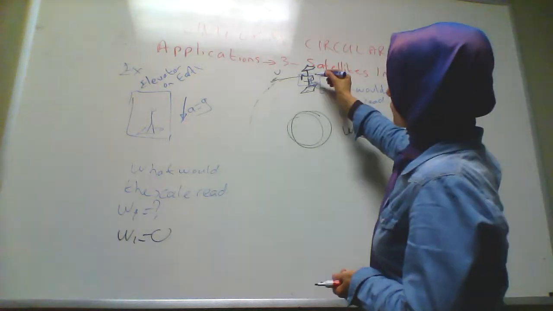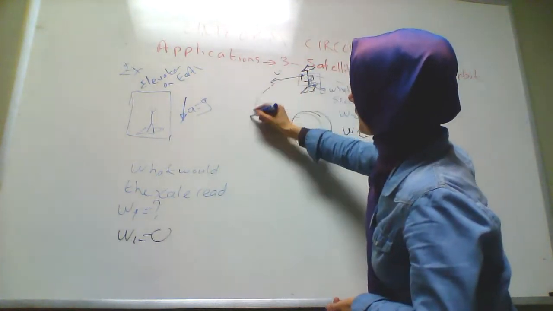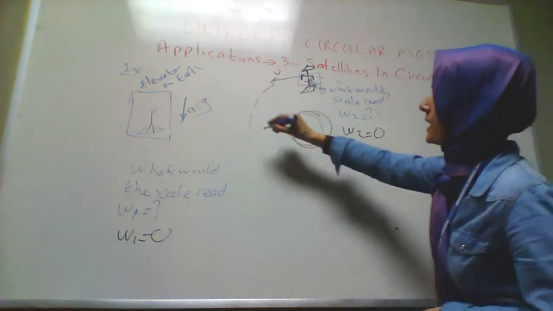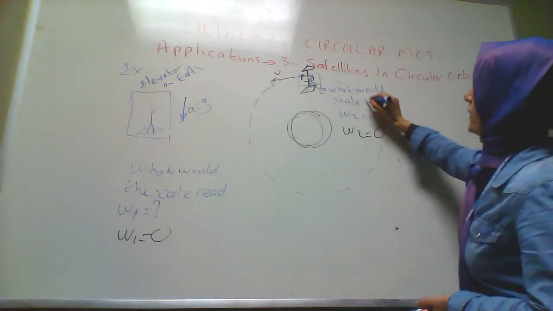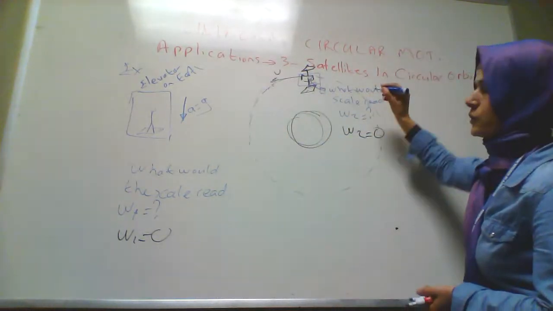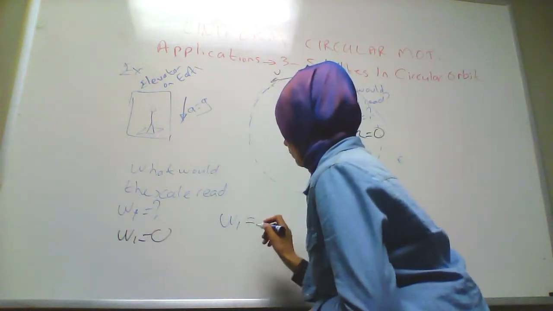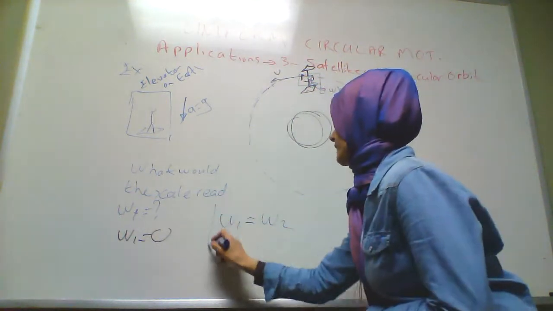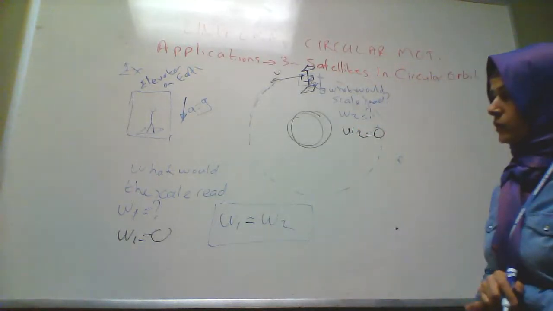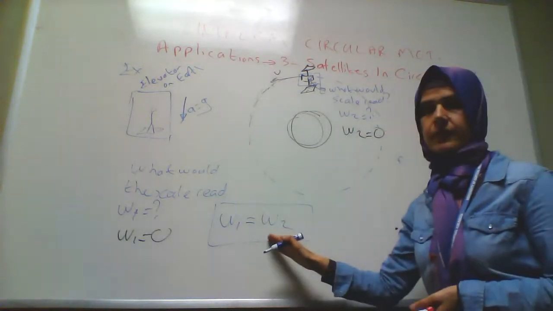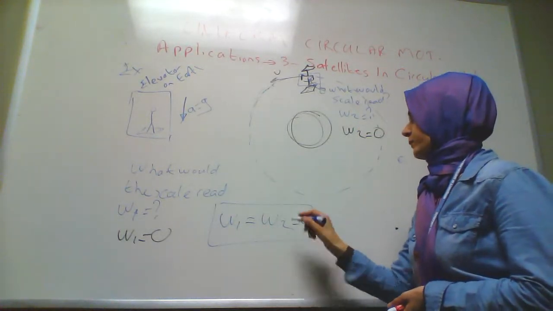It is trying to fall on Earth, but never hits Earth because it is too far away. Instead of hitting Earth, it makes a circular motion around the Earth. If I ask you to compare W1 with W2, the answer would be they are equal to each other and 0.